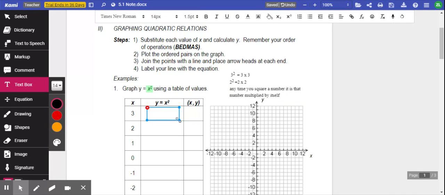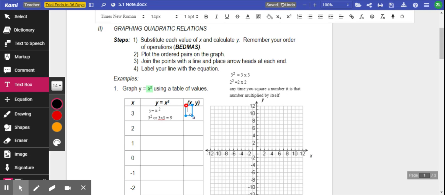So in the first one, we have y equals x squared, and I'll write out the equation the first time. Sorry, x squared, I apologize. All right? Now how that looks would be 3 squared, or 3 times 3, which we know is equal to 9.